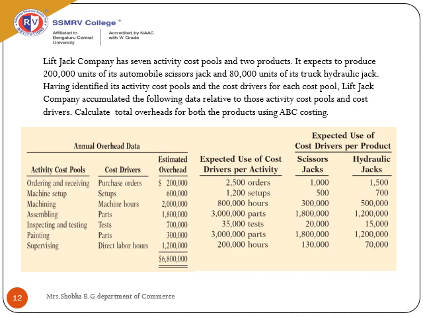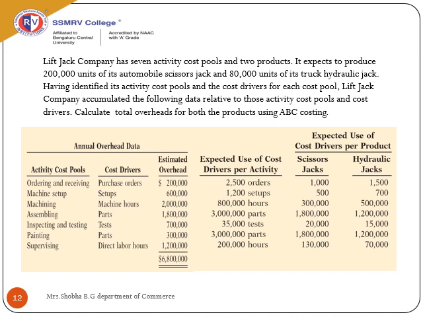So the first column is explaining the different kinds of activities which are given for producing both the products. You can find ordering activity, machining setup, machining, assembling, inspecting and testing, painting and supervising.